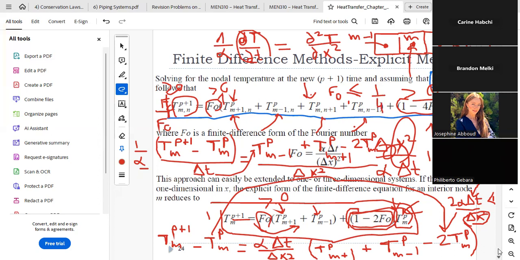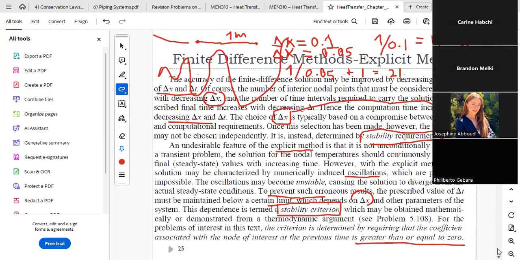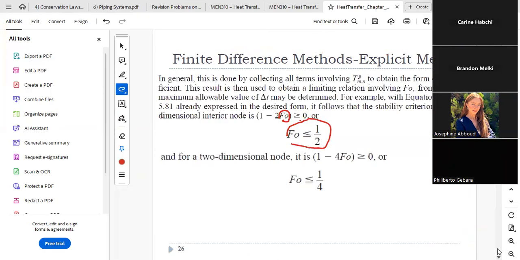So the criterion defined is always to have positive coefficients for our terms on the other side of T^(p+1). Since the only possible negative coefficient is for T_(m,n)^p, we put a condition that this coefficient should be positive, and then we determine the criterion of stability. So in 2D, the condition of stability of the solution is to have a Fourier number smaller or equal to 1 over 4.